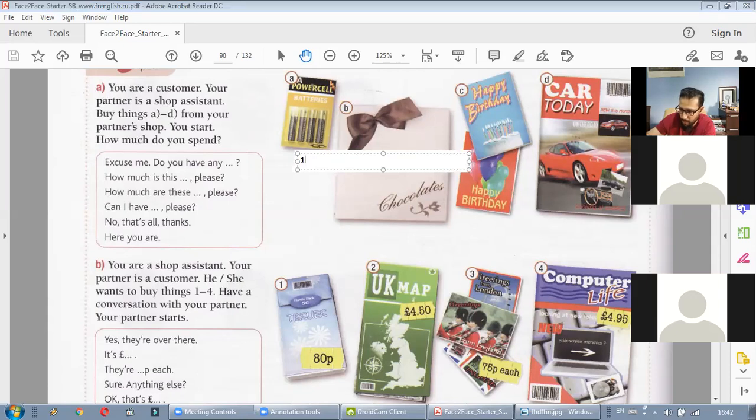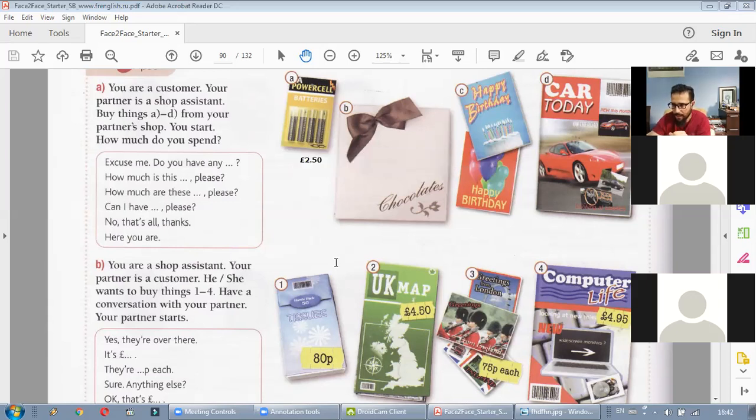Let's make them £1. Where's the pound? Let me look for the pound symbol. Number 3. Okay, so the batteries are £2.50.